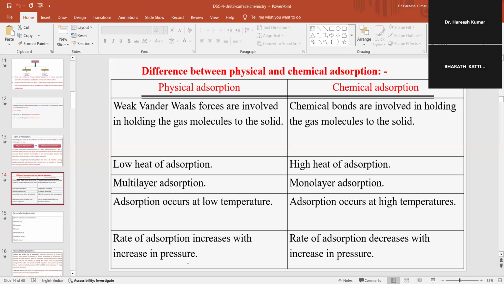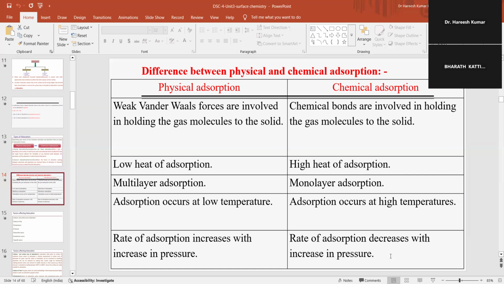Again, here we have to consider that this is applicable only if the adsorbate is a gas. The rate of adsorption increases with increase in pressure, applicable only if the adsorbate is a gas. Then, for chemical adsorption, the rate of adsorption decreases with increase in pressure.